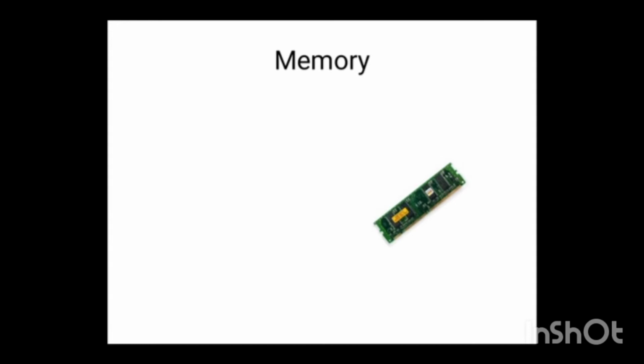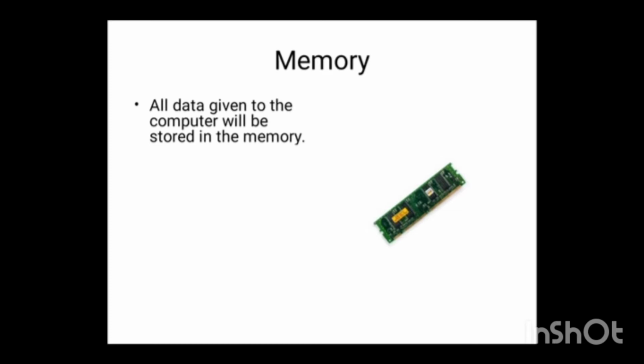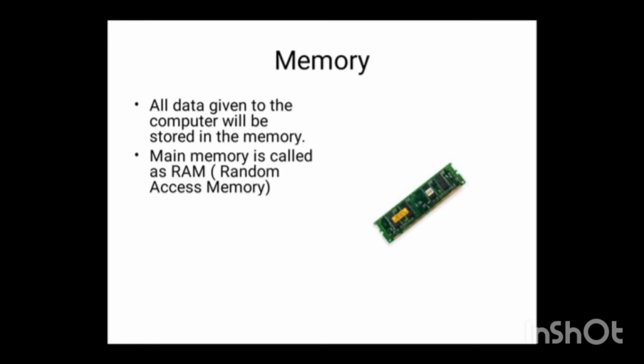Memory is used to store every information of data given to a computer. The main memory of the computer is known as RAM. It is fixed on the motherboard and keeps the information on hold until the computer is switched off.